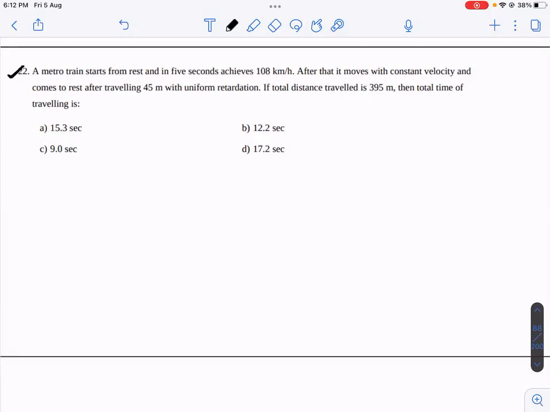If the total distance traveled is 395 meters, then the total time of travel is how much? Any suggestions, any ideas that you would like to share with me?